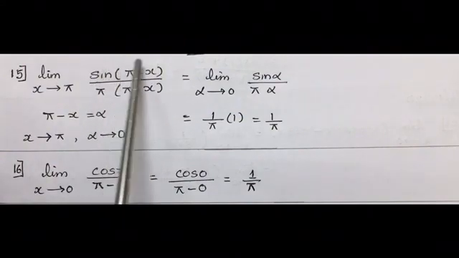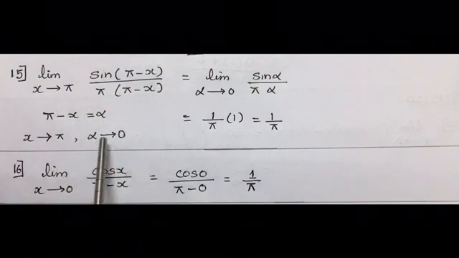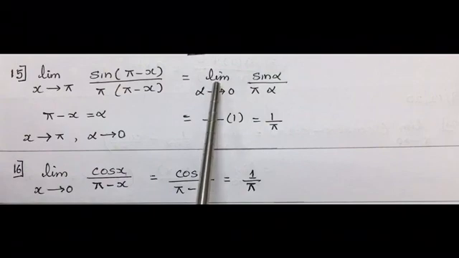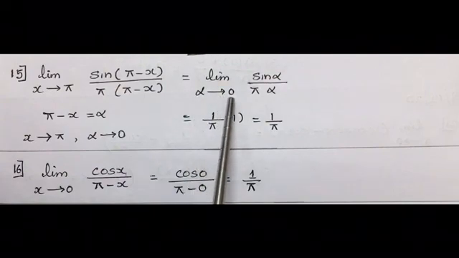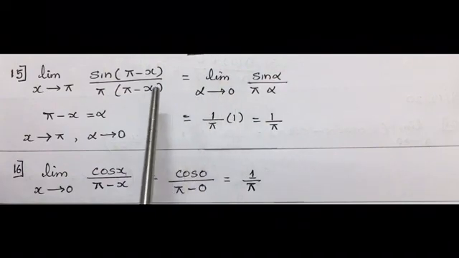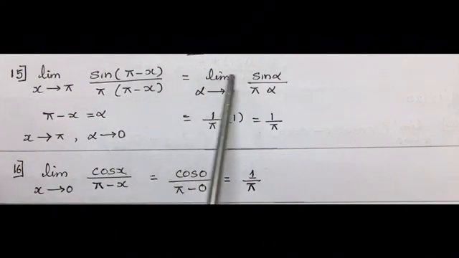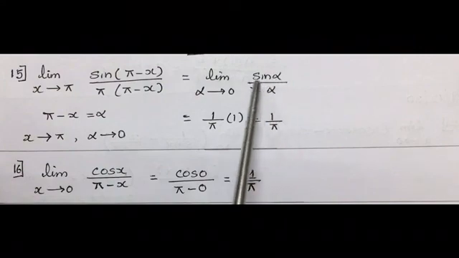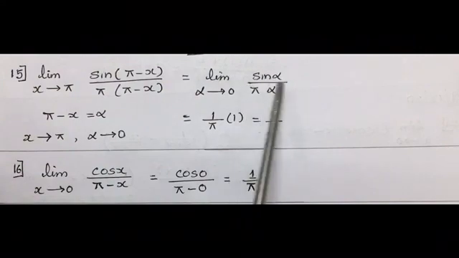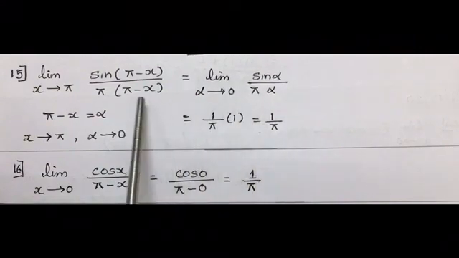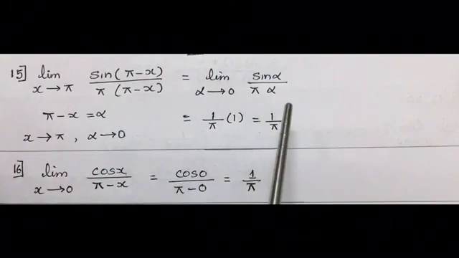Now changing everything in terms of alpha, we'll get limit alpha tends to 0. In the place of pi minus x, keeping alpha, we get sin alpha divided by pi alpha.